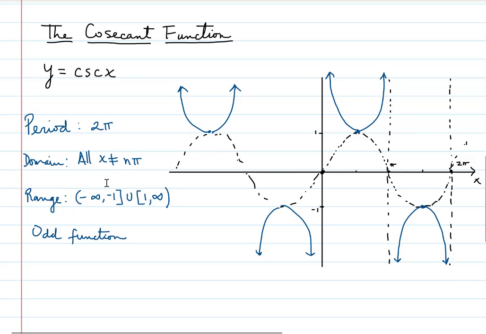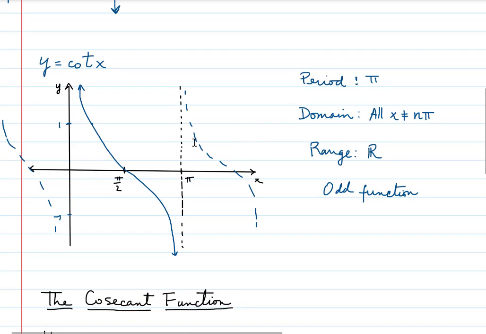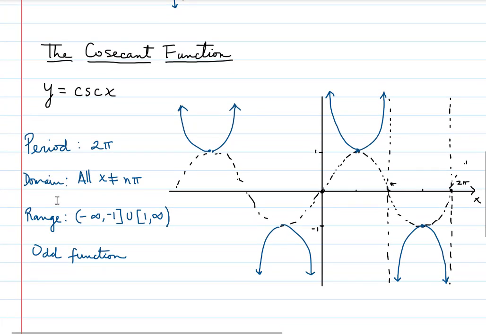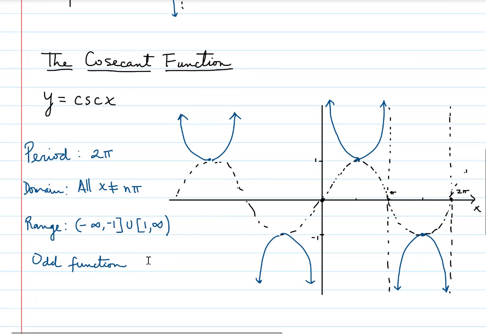And then we have the domain, which is everything except where those asymptotes happen. And notice how these coincide with the asymptotes of cotangent. If you remember, they happen every pi, starting at 0, pi, 2 pi. Well, the same thing is going to happen for cosecant. So they have the same domain here as we had for cotangent. And the range: this goes to infinity, this goes to negative infinity, so it's everything except this middle section here where the sine is.